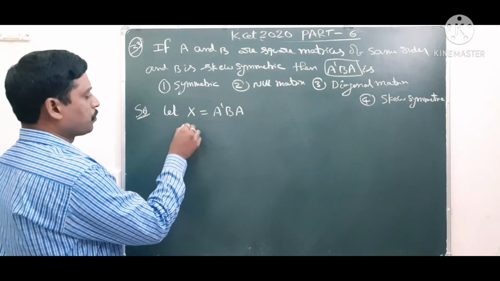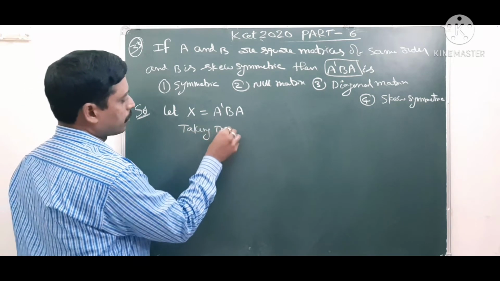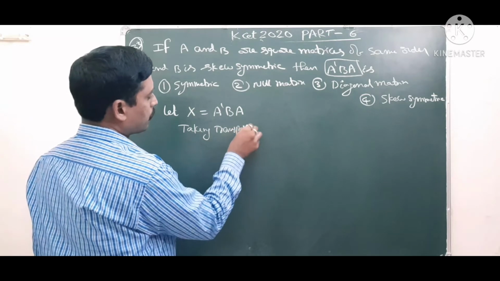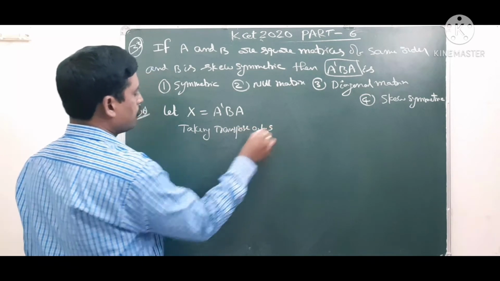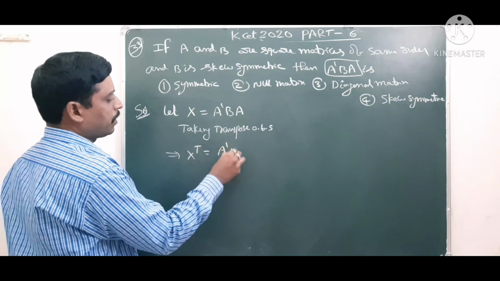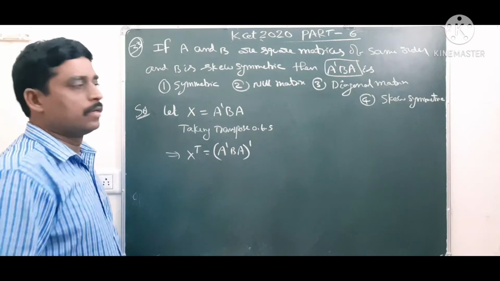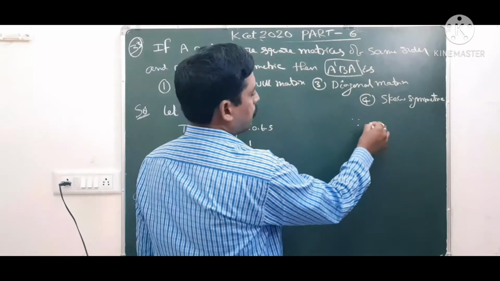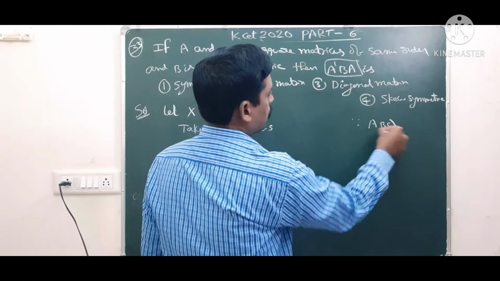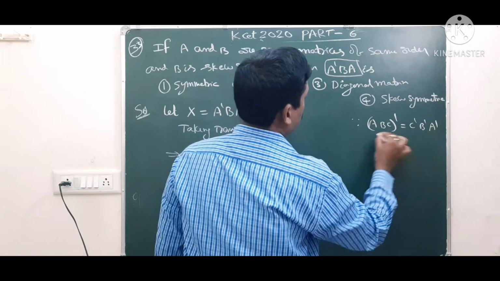Now taking transpose on both sides. Now x transpose is equal to A dash BA whole transpose. We have ABC whole dash is equal to C dash into B dash into A dash.